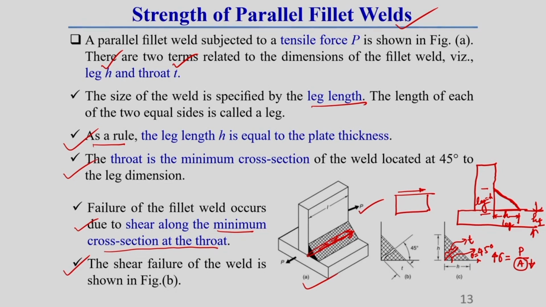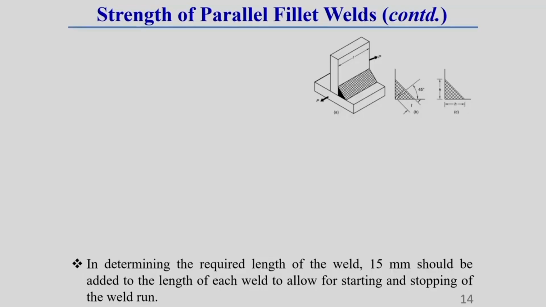As this force is parallel to the throat surface area, the stress developed here will be shear stress. Due to this shear stress, the failure that takes place is called shear failure. How the strength of this parallel fillet weld is calculated, I am going to show you.